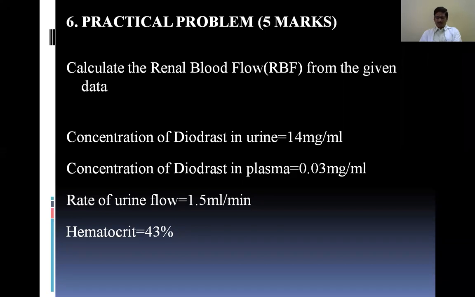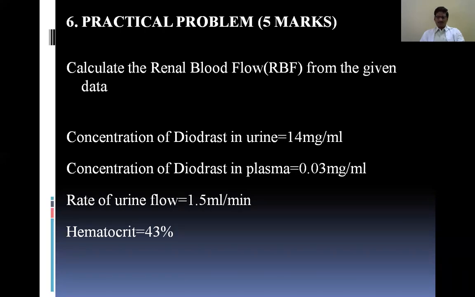Suppose you select a marker or substance which is filtered. Normally the filtered load will be approximately 20% of the total plasma load, and as it leaves as a renal vein and forms the peritubular capillary, the same substance is actively and completely secreted into the filtrate. Then when you use such a marker, the urinary excretion rate of that substance will be equivalent to renal plasma flow.